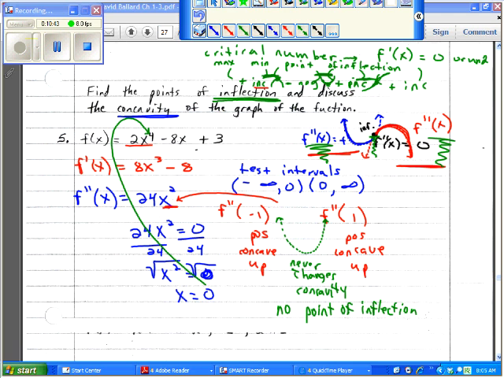When x is 0, if we go back to our original function, those terms would 0 out, and we would have f of 0 is 3, so that would be the point (0, 3).